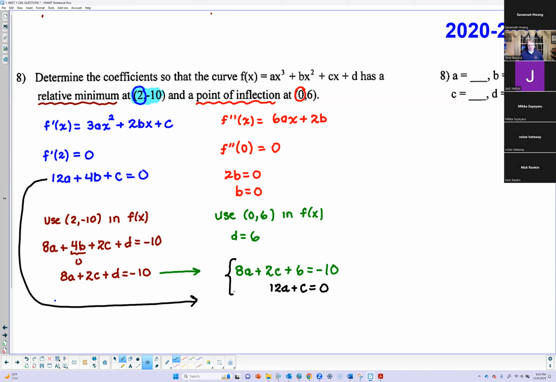I think we could probably use substitution, right? Is it pretty clear that C is negative 12A? So then we can rewrite the top equation as 8A plus 2 times negative 12A, which would be negative 24C. I'm sorry, negative 24A. Defeats the whole purpose. And then I'll subtract the 6 over to get negative 16. 8A minus 24A is kind of conveniently negative 16. So A is 1. So we can lock A as 1 in.